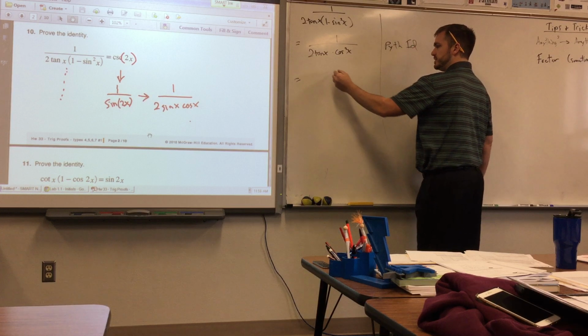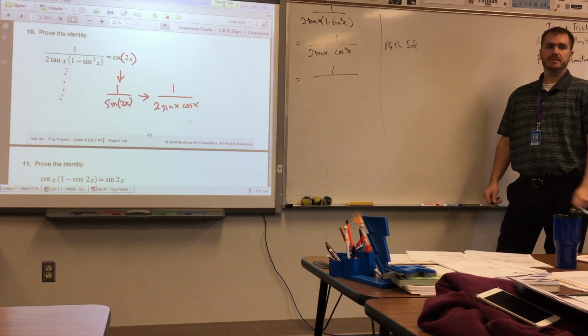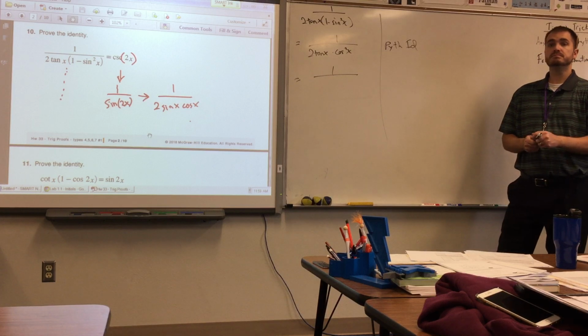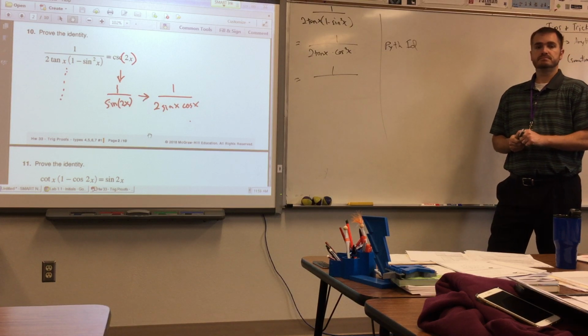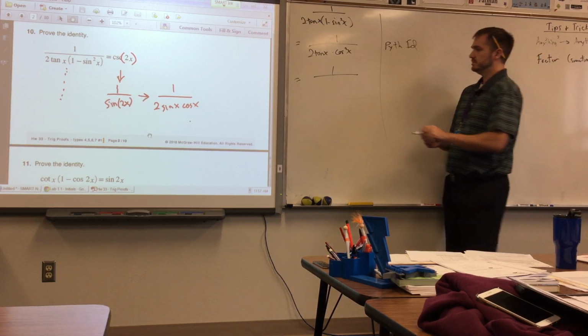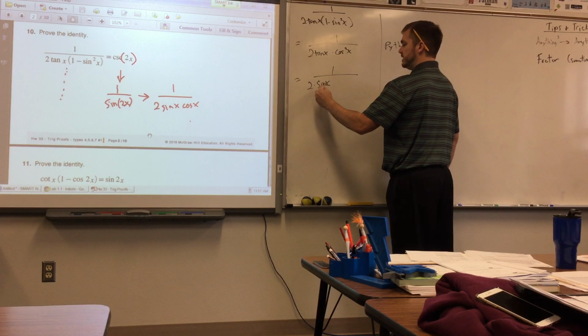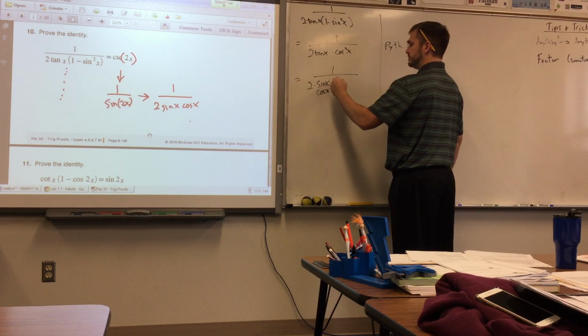I'm now open to suggestions on what to do next. In a case like this, do we need to put everything in sine and cosine? I think that's a good idea. So tangent into sine over cosine. Yep, let's turn that tangent into sine over cosine.